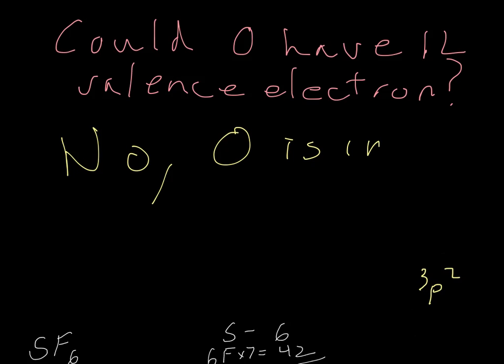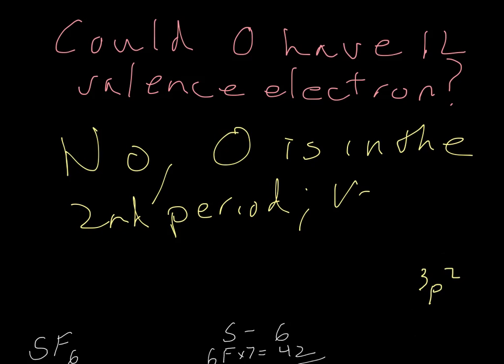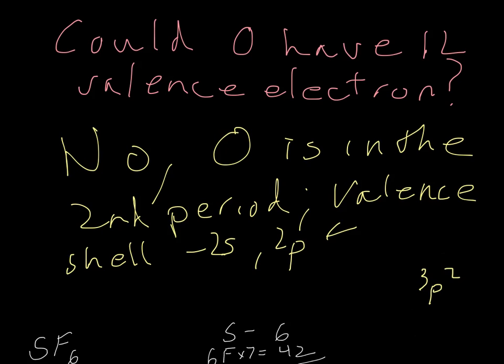Oxygen is in the second period, so its valence shell is the second energy level. Its valence shell only has the 2s and the 2p, so it can only hold 8 electrons maximum. It doesn't have that empty d.